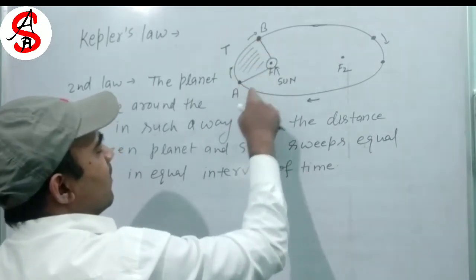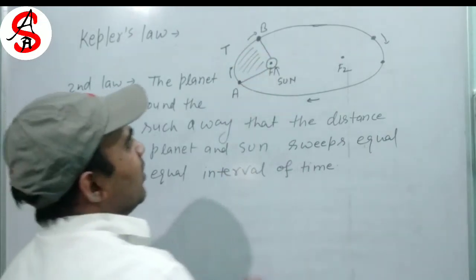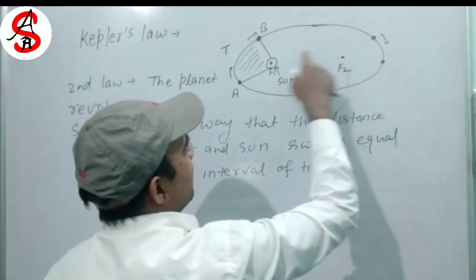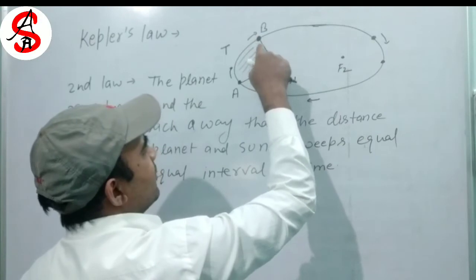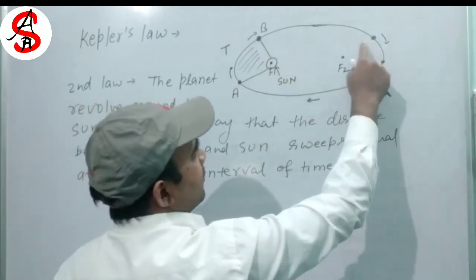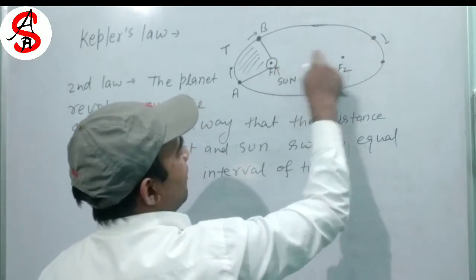Now imagine the other position. This is the farthest point, and this is the nearest point. The planet is near the Sun here, and here the planet is farther from the Sun.